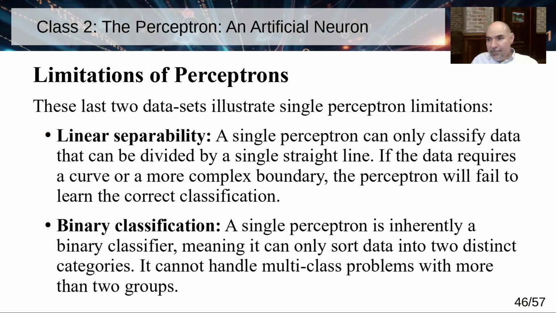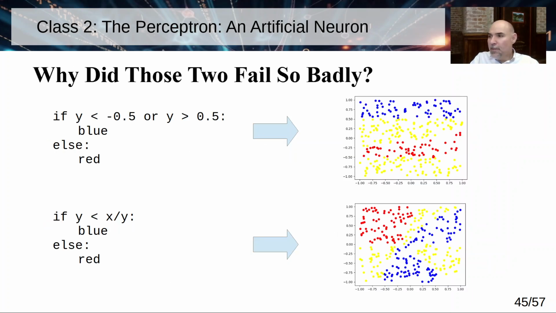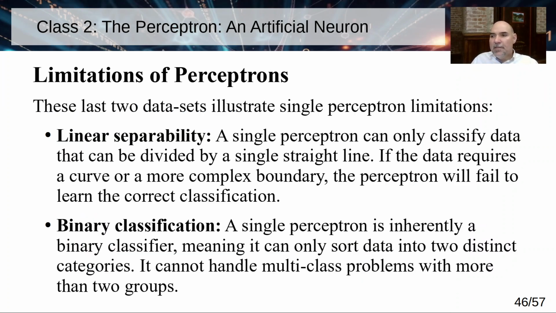Now, that brings us to the limitations of this simple perceptron. The first limitation, illustrated by this, is that a single perceptron can only handle things that are linearly separable. In other words, if we can separate the data points by a straight line, then a perceptron can figure that out and be trained to do that.